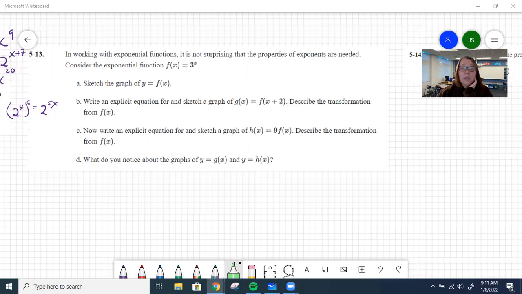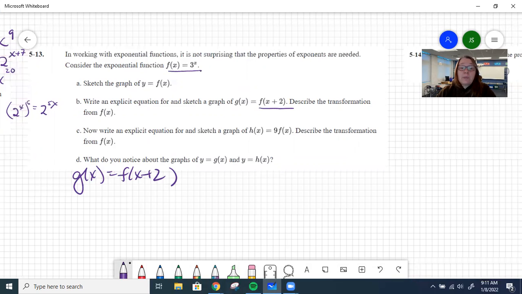It says write an explicit equation for and sketch the graph of g of x equals f of x plus 2. So we have a rule up here called f of x.